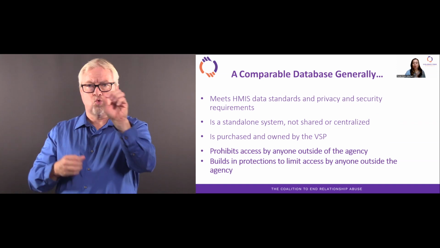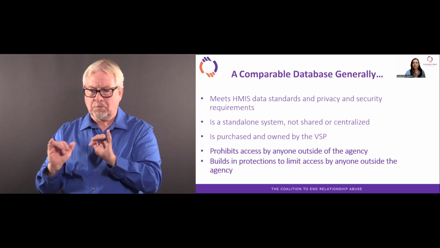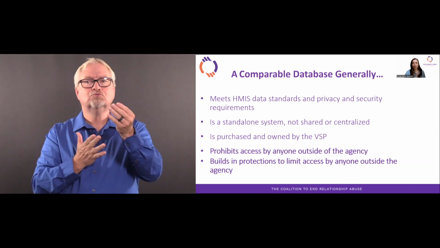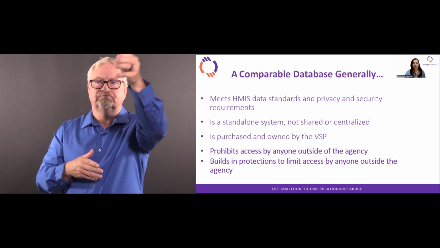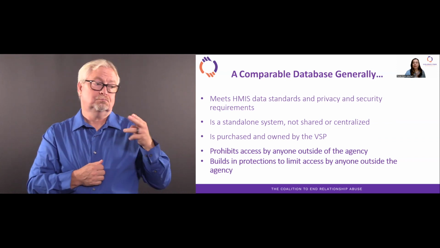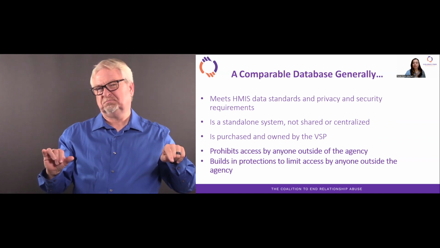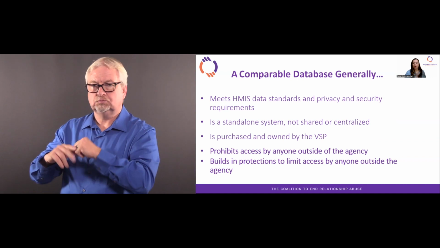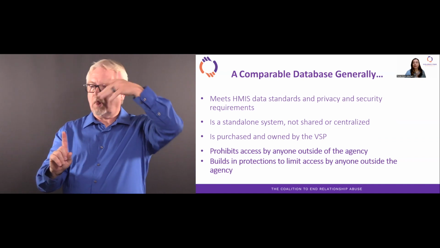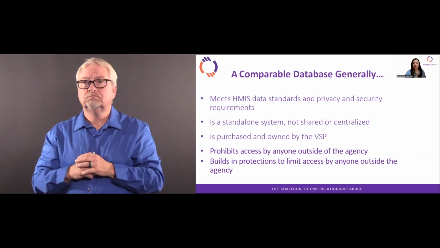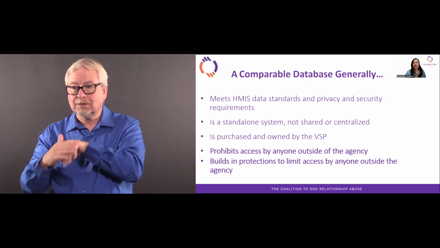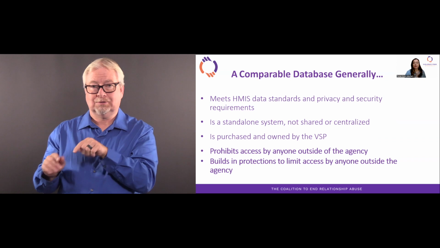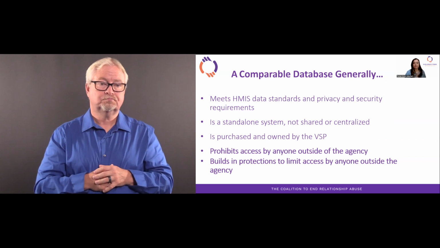Each VSP owns their own comparable database that must be purchased from the private market. And unlike HMIS, must build in protections so that no one outside of the VSP, including the HMIS lead or other providers, can access the VSP's comparable database.